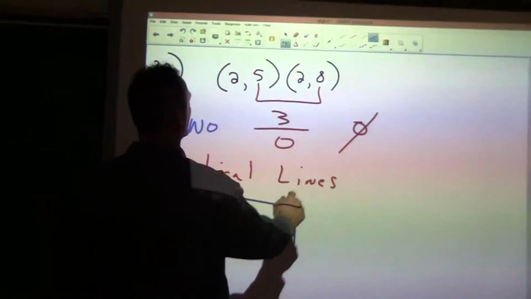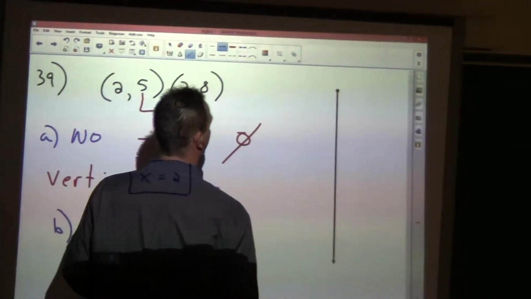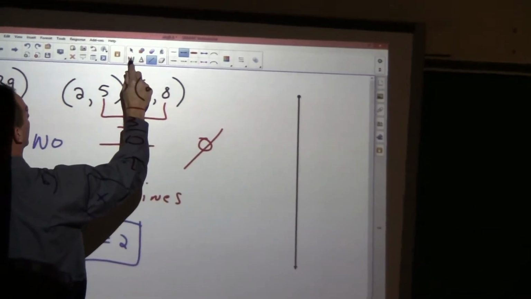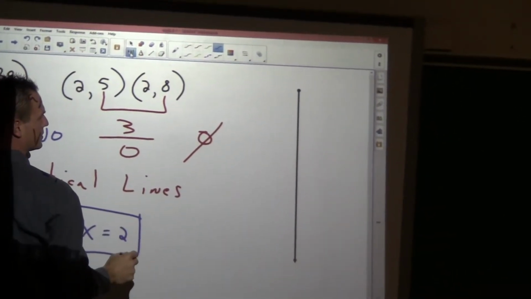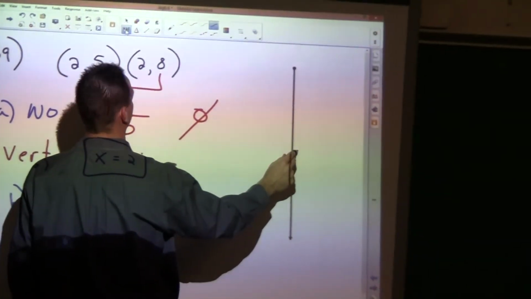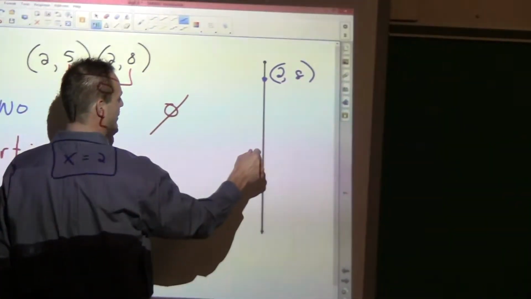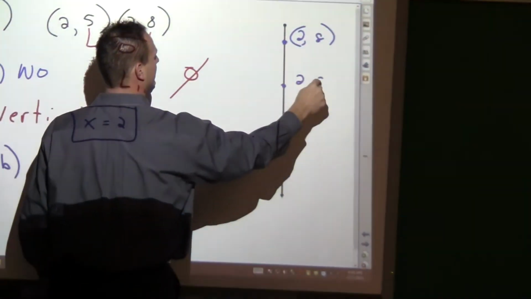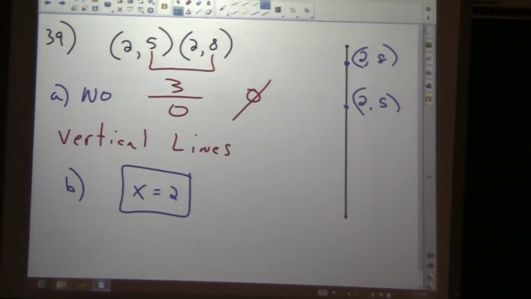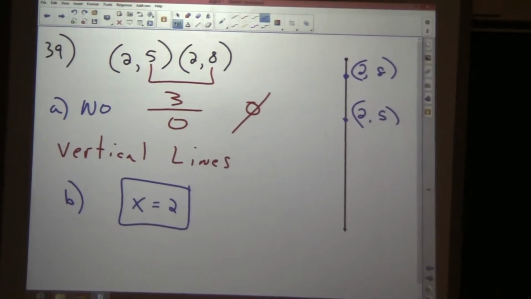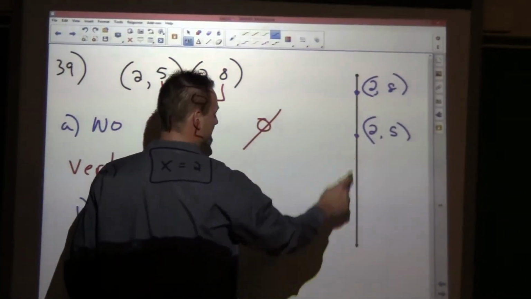That vertical line in the coordinate plane must go through these 2 points. These 2 points are (2, 8) and (2, 5). The x-coordinate is going to be 2. It's going to be 2 in every spot, isn't it? All right?